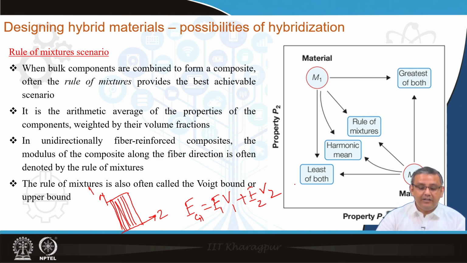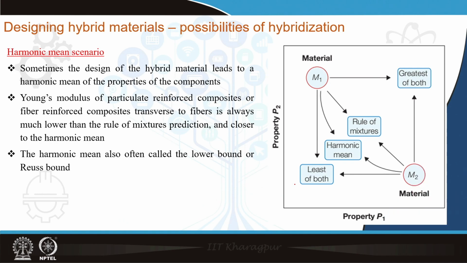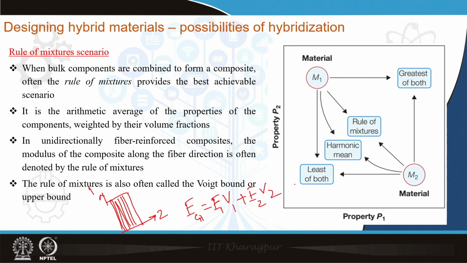This is also called the Voigt bound or the upper bound, and this is a very important relation which controls or decides the Young's modulus of continuous fiber reinforced composites. However, as I told you earlier, fiber reinforced composites are very much non-isotropic materials, and the material properties differ a lot along both one direction and two direction.